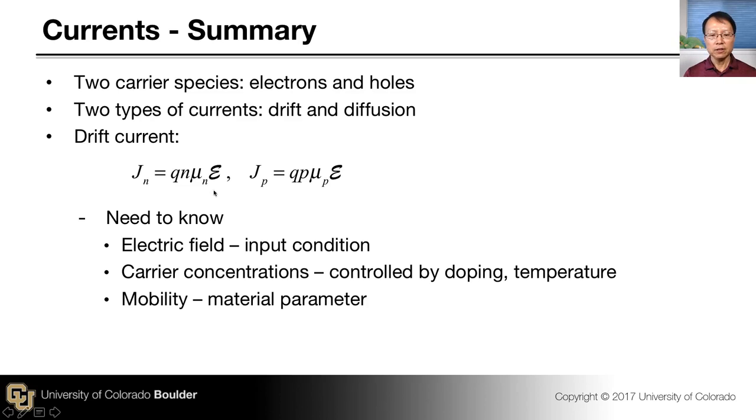Drift current is proportional to the applied electric field, and it's proportional to the carrier concentrations, n and p. And also the mobility is a material parameter that specifies how fast carriers are moving for a given applied electric field. So high mobility will generally mean high current for a given voltage or a given applied electric field. And low mobility, of course, means low drift current.